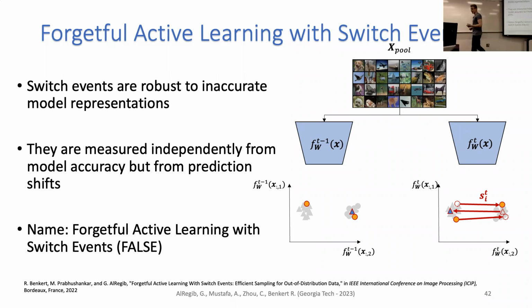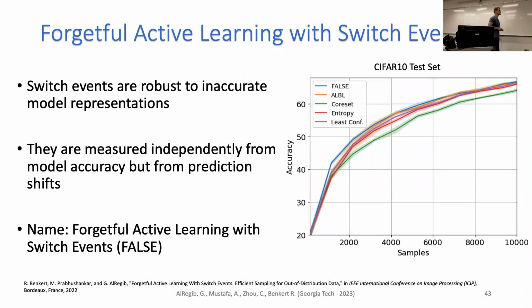So now your question would probably be, how much better does this perform? And it performs a little better, as you can see over here. So this blue curve over here is what you would define as the switch events. And this is a very popular example of the CIFAR-10 test set.